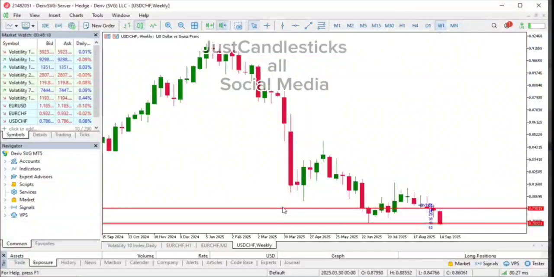Remember, we traded this market before we got to this area. We actually traded this market after this candle. This was last week's candle that we analyzed to trade this week's candle, which is still coming.